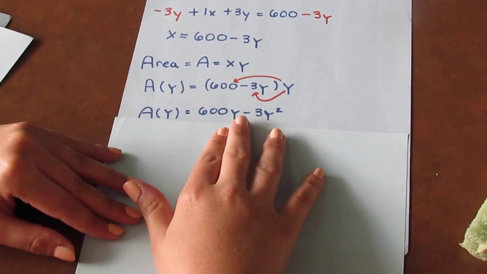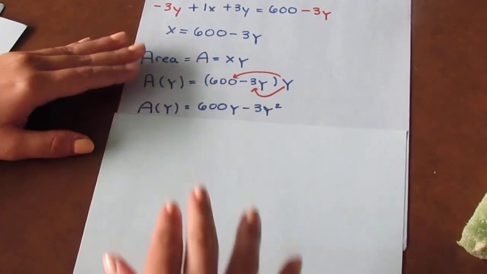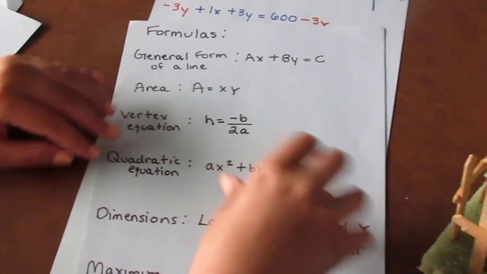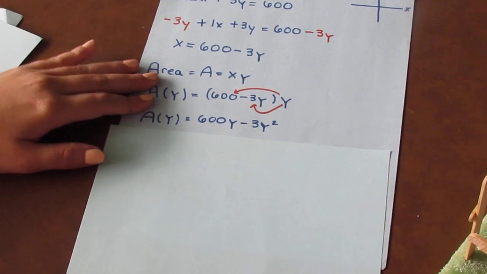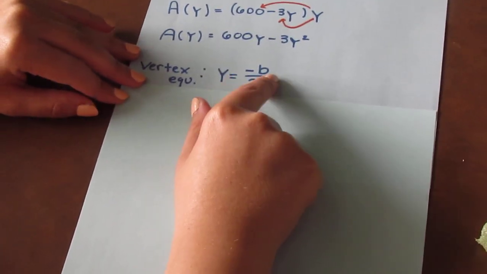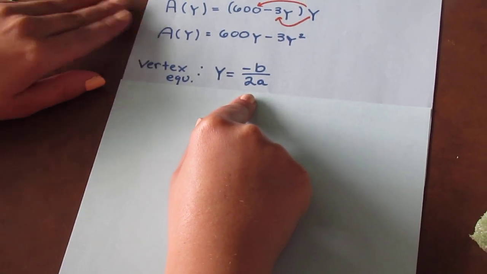From this equation, we can find our y value by using our vertex equation, which was h equals negative b divided by 2a. In our case, we're solving for y, so it will be y equals negative b divided by 2a.